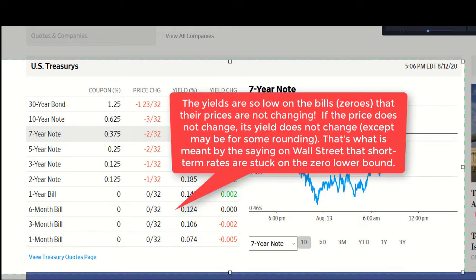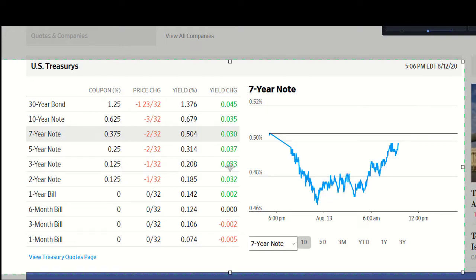And on the right here, you have, in this example, the 7-year note. And the reason why the 7-year note is being portrayed here is because highlighted in this table, as you can see, is the 7-year note. When you highlight the 7-year note, the picture on the right shows you a graph. Now you got to keep in mind, this is a little confusing, that the table on the left is as of August 12th. And the graph that you see on the right for the 7-year note is as of August 12th and 13th.